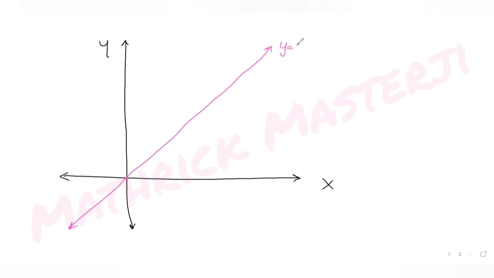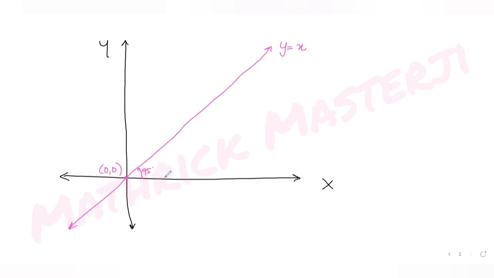So this becomes my line y equals x, whose y-intercept is 0 and whose slope is positive, which is why we draw an ascending line. y equals x means an equal inclination in the first quadrant, so this angle will be 45 degrees.